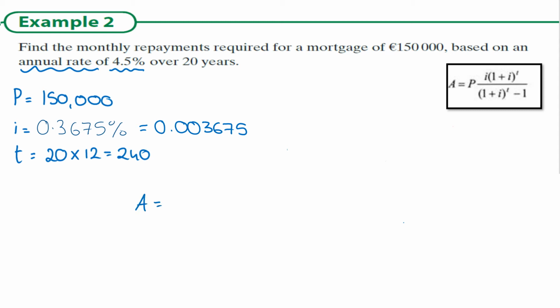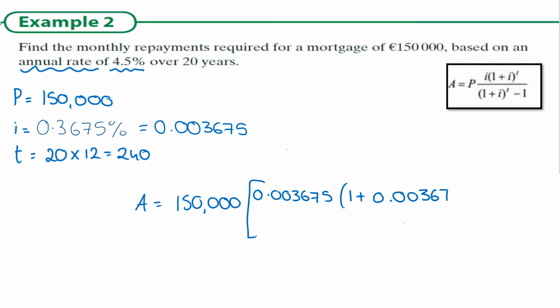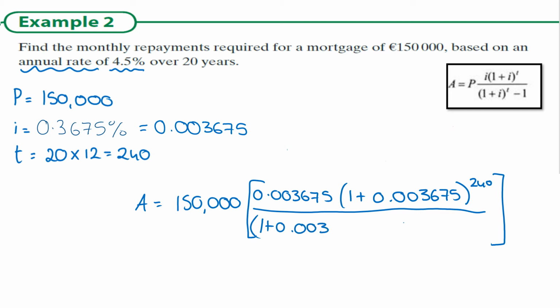So we have A is equal to P, which is 150,000, I, 0.003675 bracket 1 plus 0.003675 to the power of t 240 all over 1 plus 0.003675 to the power of 240 minus 1.